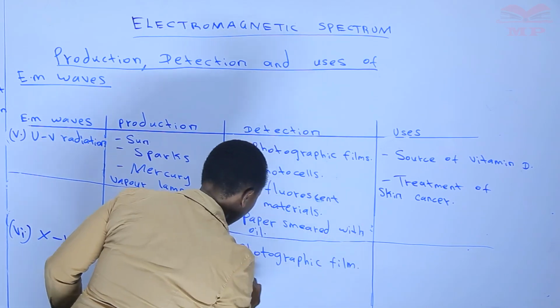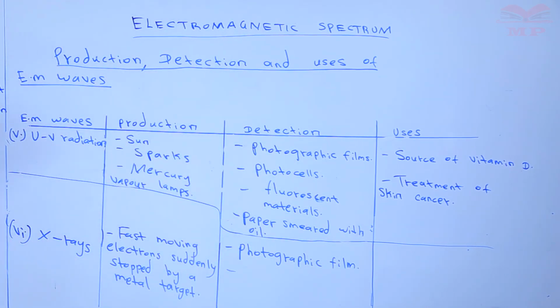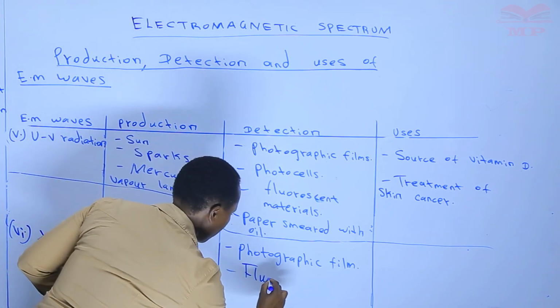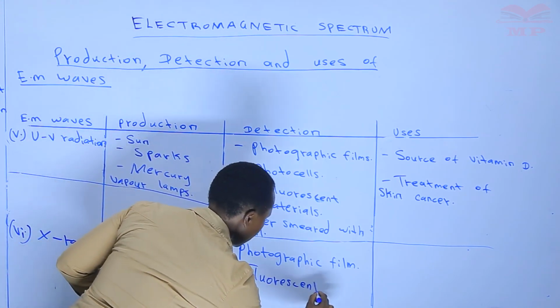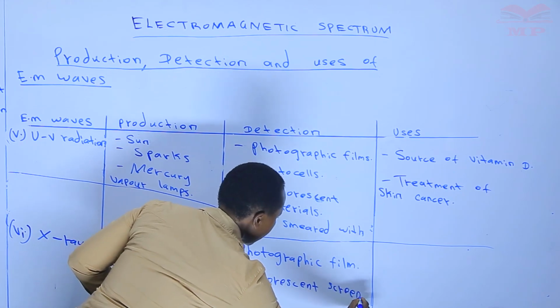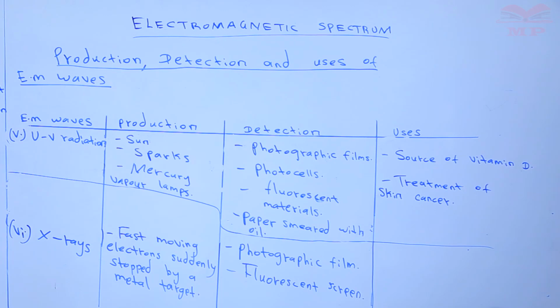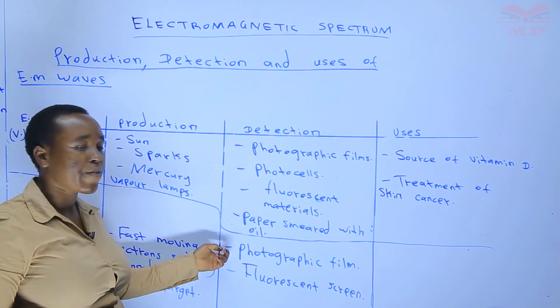They are also detected using the fluorescent screen. When they hit this fluorescent screen, it glows or produces some light.